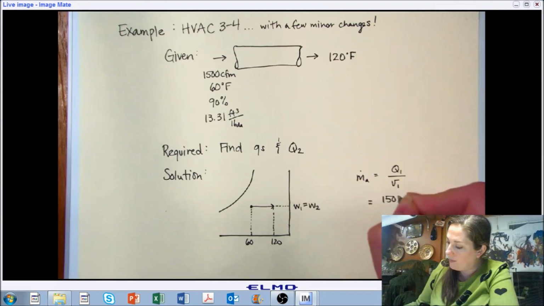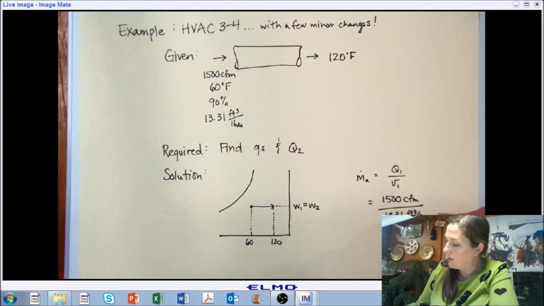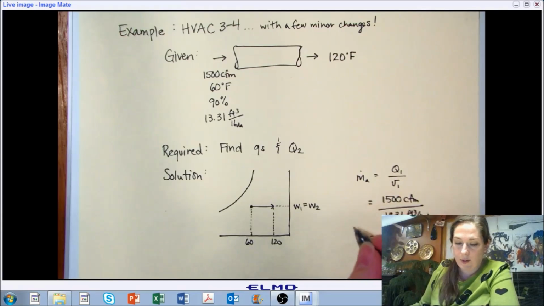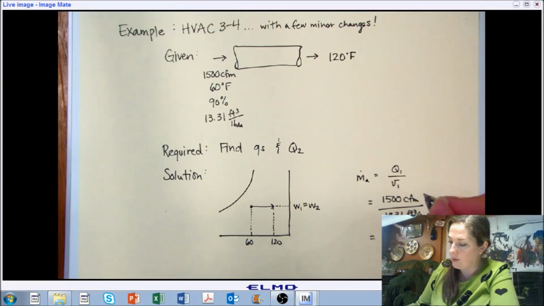And we know that we have 1500 CFM, and we already looked up ahead of time 13.31 cubic feet per pound of dry air, which gives us, well, we need to do a conversion in here.